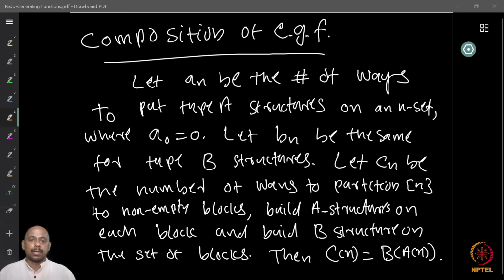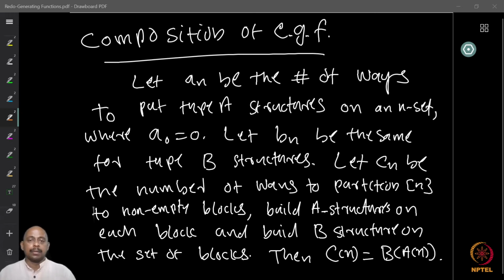Once we have these two, we have A of x and B of x corresponding to the exponential generating functions. We now let another sequence Cn count the number of ways to first partition the set 1 to n into non-empty blocks, and then build A-type structures on each block, and then considering these structures as elements, build B-type structures on the set of these blocks.